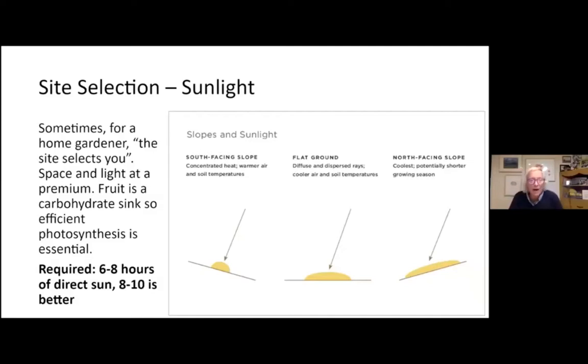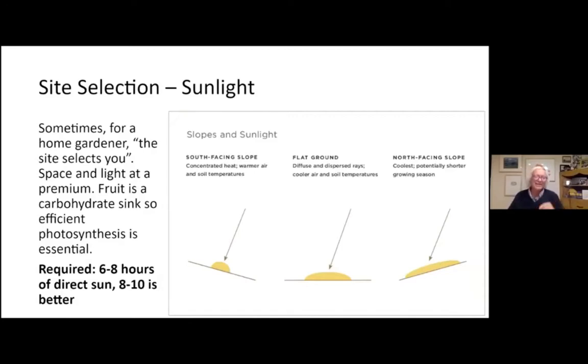But if you do have a choice, you might think about siting your trees on a slight slope, a gentle south-facing slope in the northern hemisphere, a gentle north-facing slope in the southern hemisphere, will give you a little more grow power.